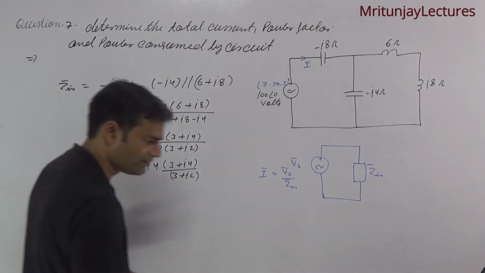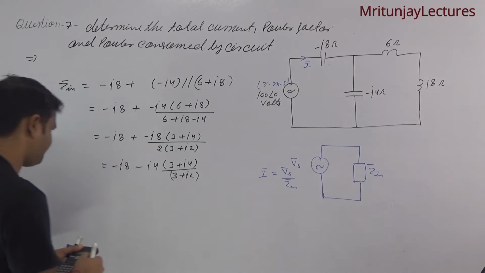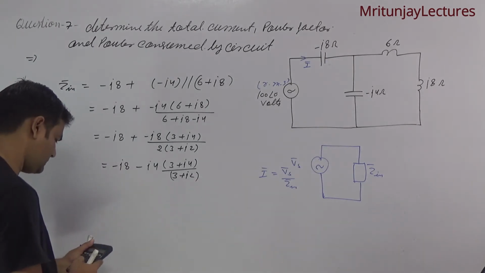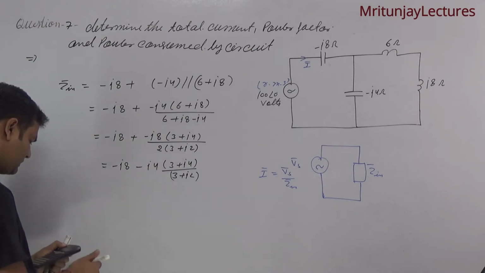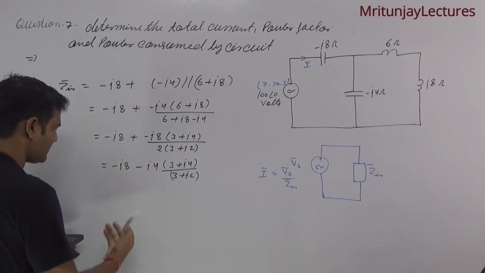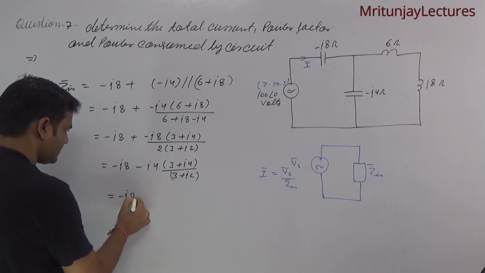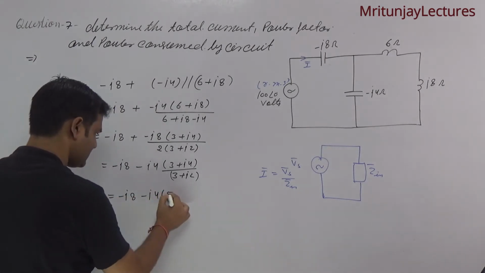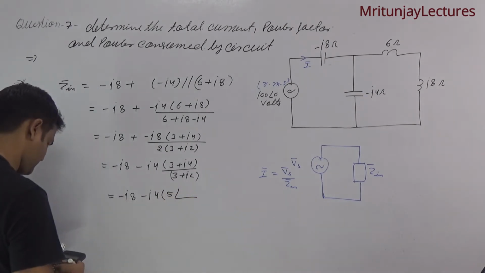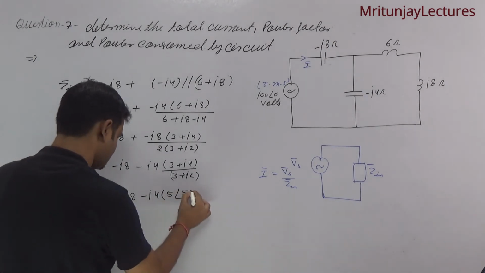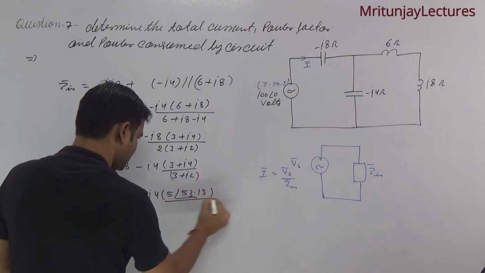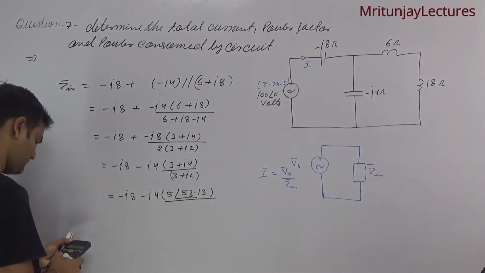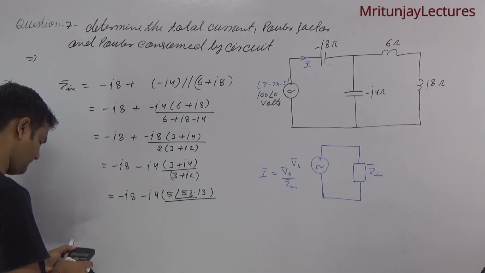Now if this one is converted, 3 plus 4J means 5 at the angle 53.13, so it is written as minus J8 minus J4, 5 at the angle 53.13 divided by 3 plus 2J.